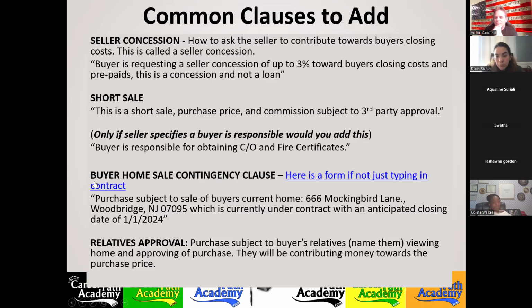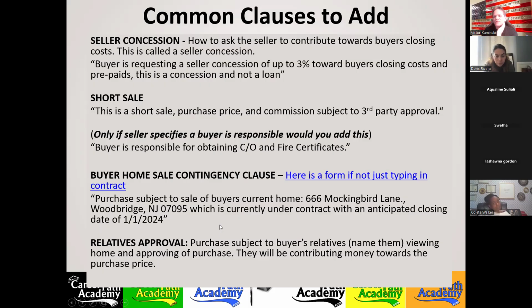Okay, and if the buyer has a home they need to sell before they can continue with the purchase of this one, they could add a clause in the contract like this: purchase subject to the sale of the buyer's current home, and then you got to put the address, which is currently under contract. Put the status there with the anticipated closing date of whatever it is. Okay.